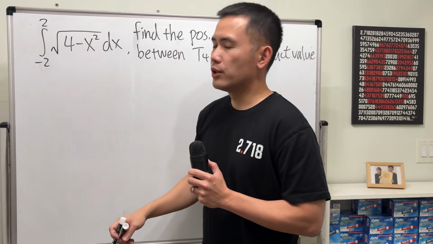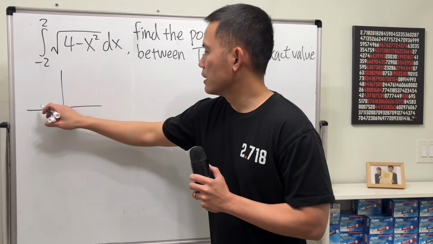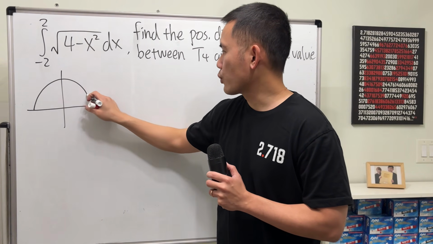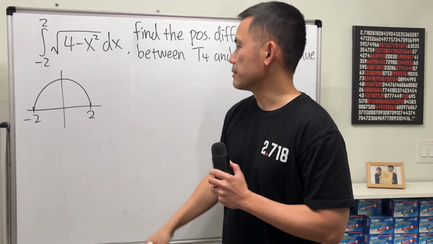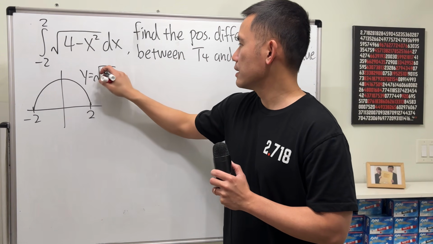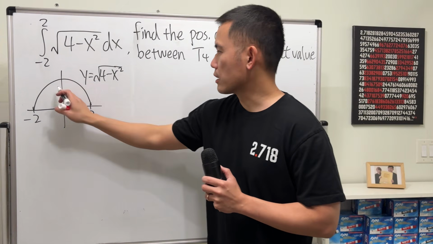Because this right here is actually just a what? A semicircle, right? So if you graph it, square root of 4 minus x squared, it goes from negative 2 to 2. It's a semicircle. So we can interpret this integral as the area under the curve.